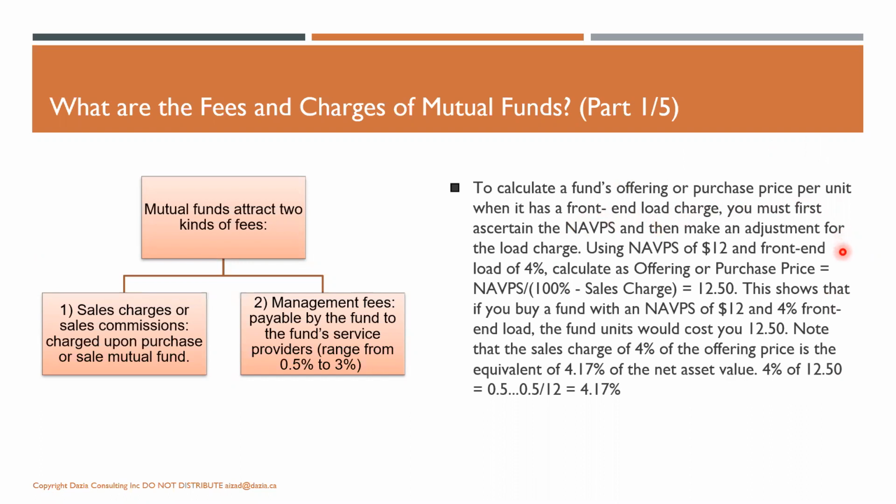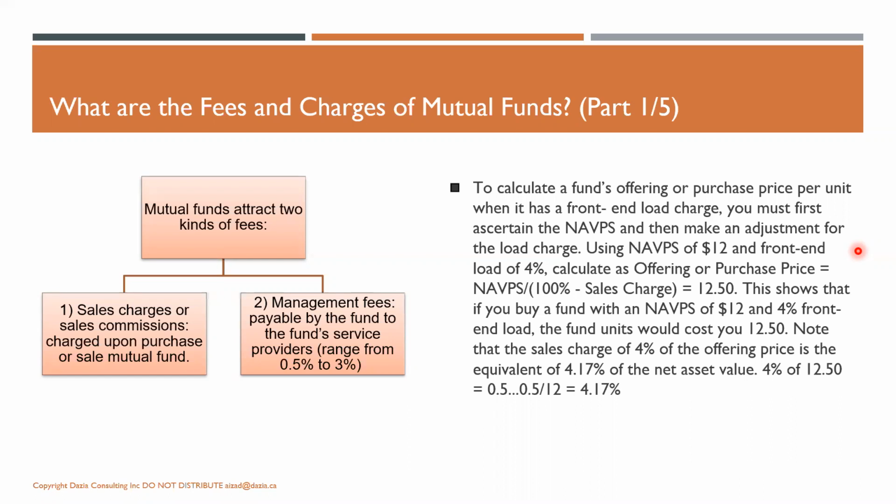Let's assume you have a NAVPS or price per share of $12. So one share or unit is $12 and the load is 4%. What are you going to do? You're going to do 100% minus the 4%, which gives you 0.96.